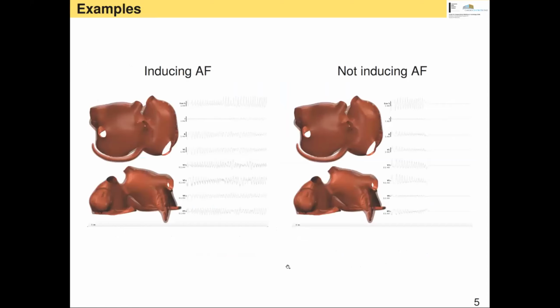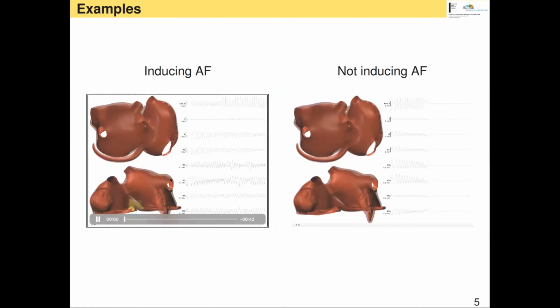Before presenting the solution methods, I show here two examples of simulations with different pacing sites, one inducing atrial fibrillation and one not inducing. So the first one is the one inducing. We have the pacing site here, and now we see the pacing protocol.